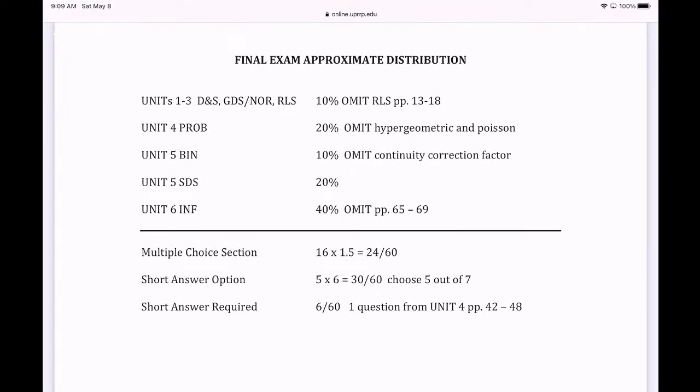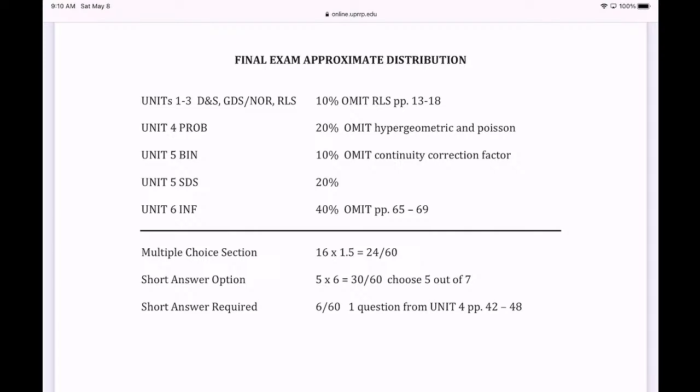So 40% is on inference, and then there's a little bit of the rest. Notice I've omitted some topics, and I have here that I would have short answer problems where you choose, and then I have a question from Unit 4.